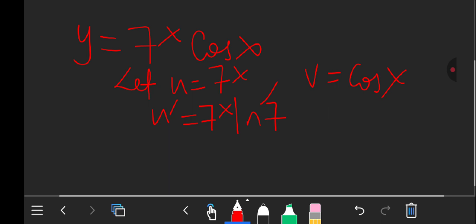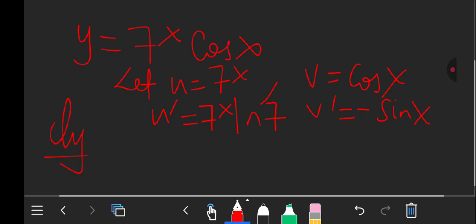When a number is raised to the power x or any other variable, this is how to find the derivative. Then our v prime will be the derivative of cos x. We mentioned that it is negative sin x. So how are we going to find dy over dx?